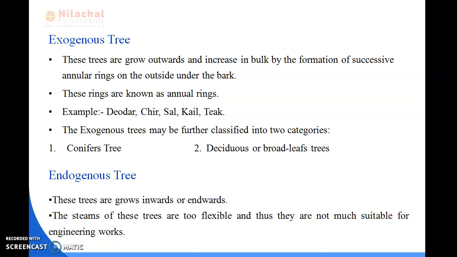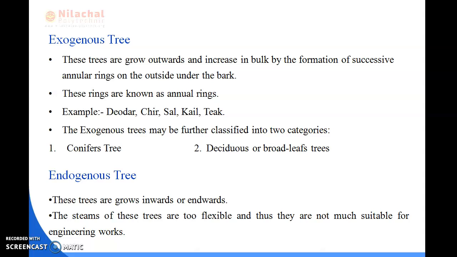Coniferous trees are also known as evergreen trees, and their leaves do not fall till the new ones have grown. But deciduous trees are known as broadleaf trees, and the leaves of these trees fall in autumn and new ones appear in the spring season. This is what is meant by deciduous or broadleaf, and coniferous trees. It has been discussed in the previous slide. Next is endogenous trees.